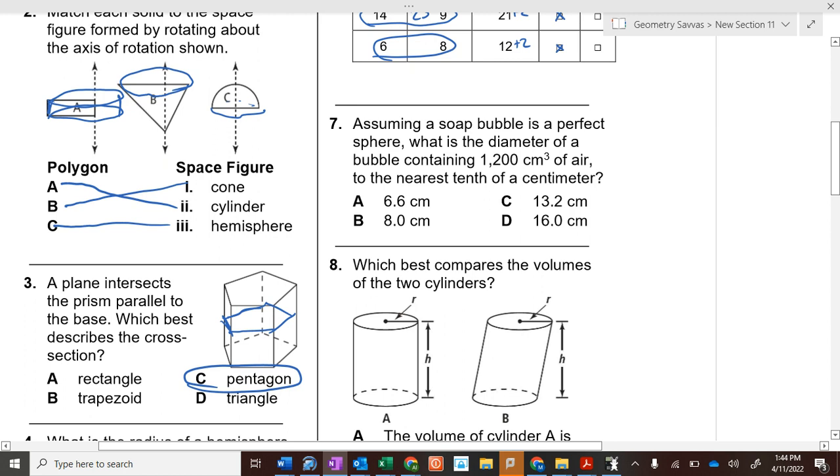Assuming a soap bubble is a perfect sphere, what is the diameter of a bubble containing that much air? Well, a sphere, the volume is 4/3 pi r cubed. So 1200 equals 4/3 pi r cubed. So we're going to divide by pi.